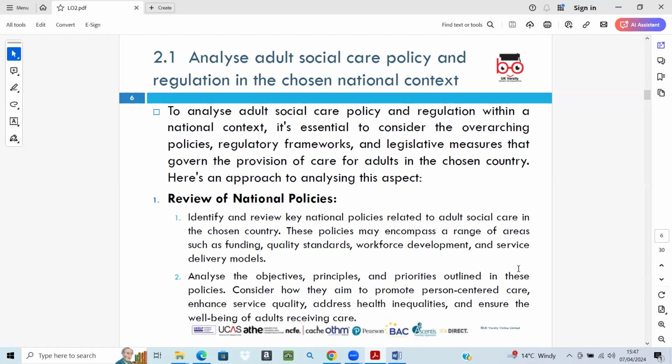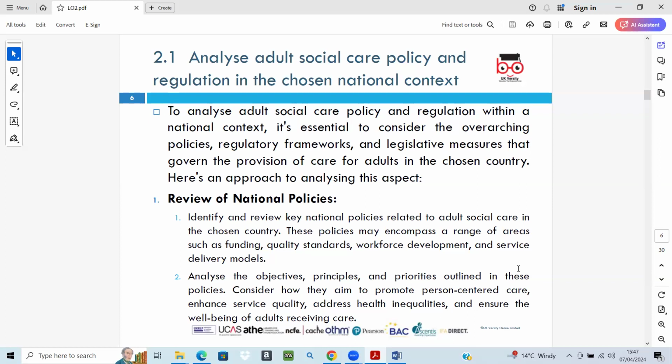So we also identify challenges, and it's the responsibility of both the employee and the employer. We always identify the challenges in the adult social care system. Even if it's not for the United Kingdom, in any country, we follow these.